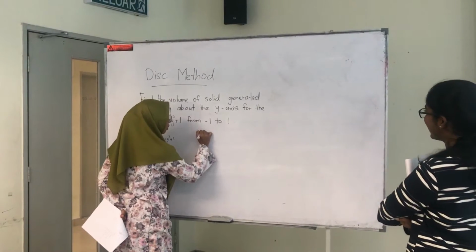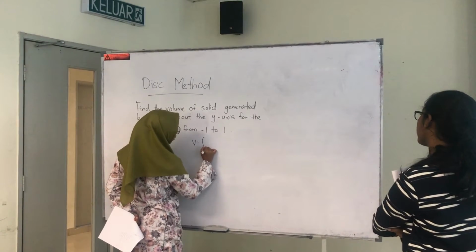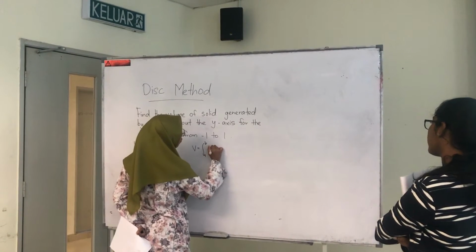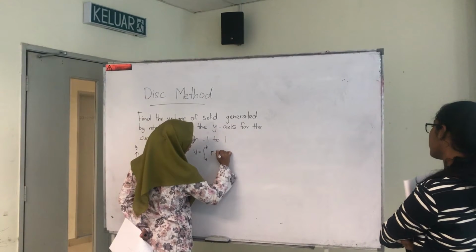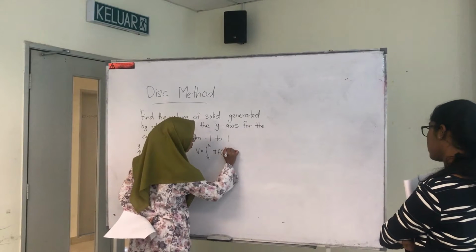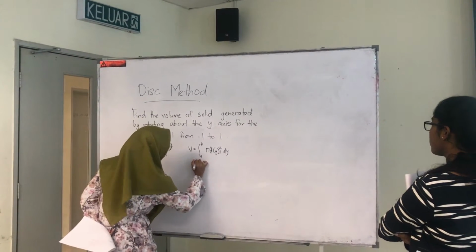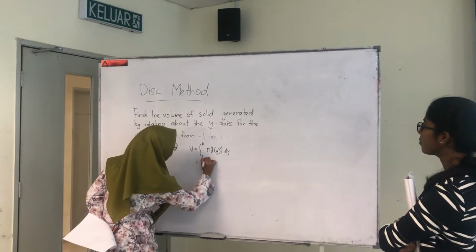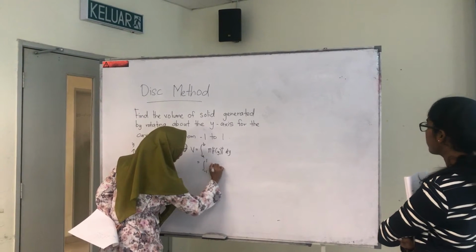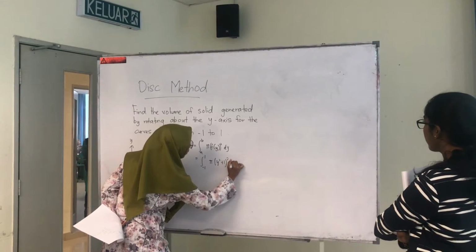From the volume of this method, it is going to be the integral from lower limit to upper limit of pi f(y) squared dy, since it is rotating about the y-axis. The lower limit is negative 1 up to 1 of pi (y squared plus 1) squared dy.